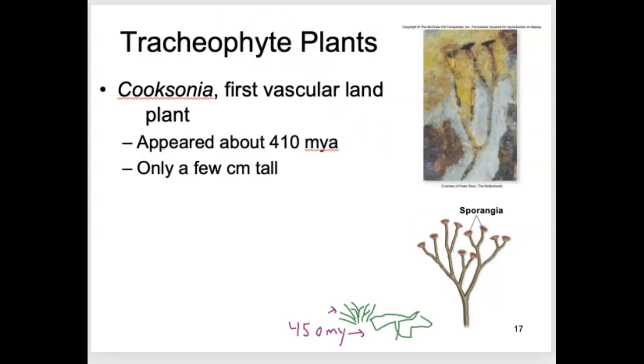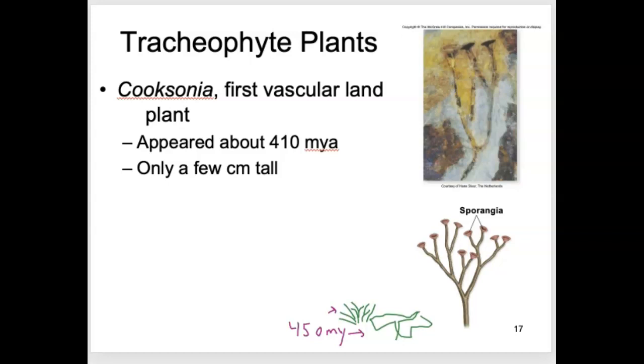I want you guys to think about it and write down 3 advantages that Cooksonia would have had over a liverwort, or over moss, etc. What is the advantage that Cooksonia or the vascular plants had? What made them more competitive?